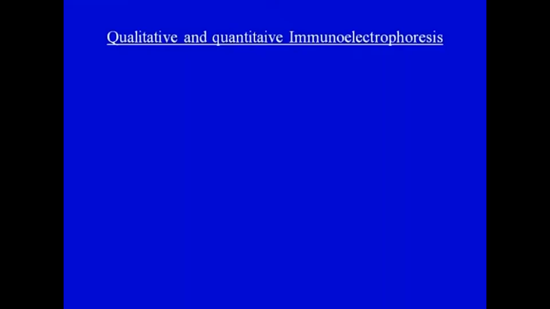We were discussing immunodiffusion and precipitin lines. Now, let us get back to immunoelectrophoresis. Immunoelectrophoresis is an extension of what we are discussing, and it could be of two kinds, qualitative and quantitative.